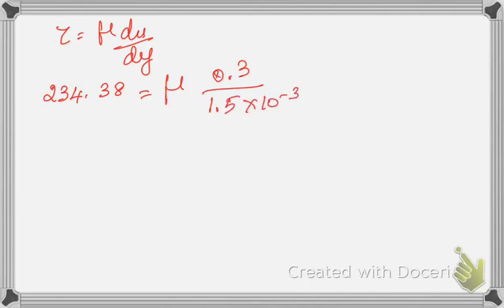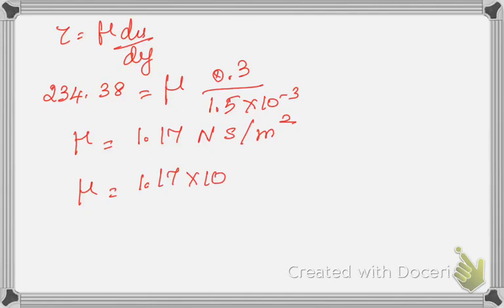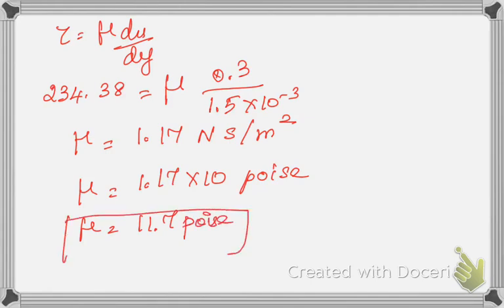So rearranging and calculating, I will be getting my mu value as 1.17 Newton second per meter square. And if I have to denote it in terms of poise, I have to multiply by 10, 1.17 into 10, so mu is equal to 11.7 poise.